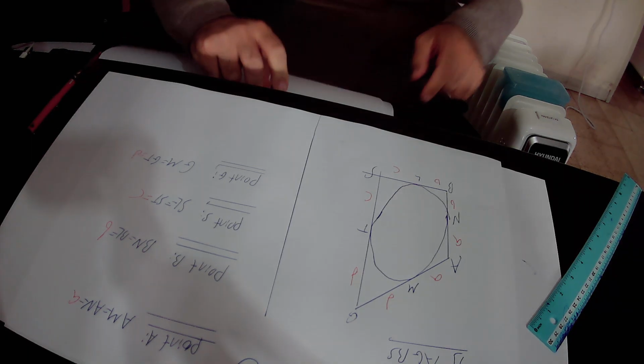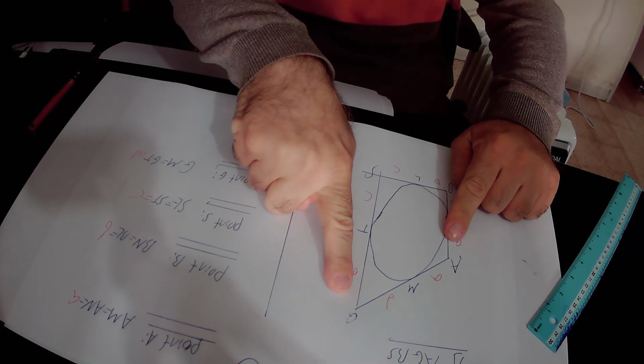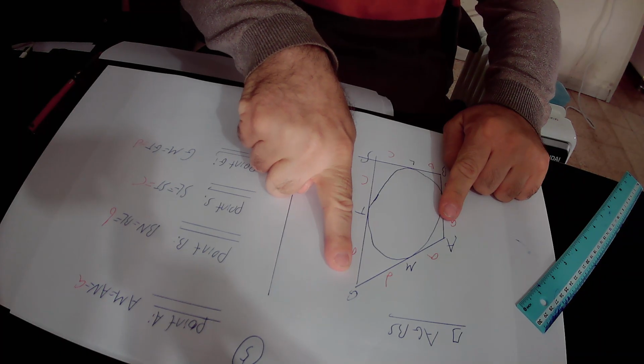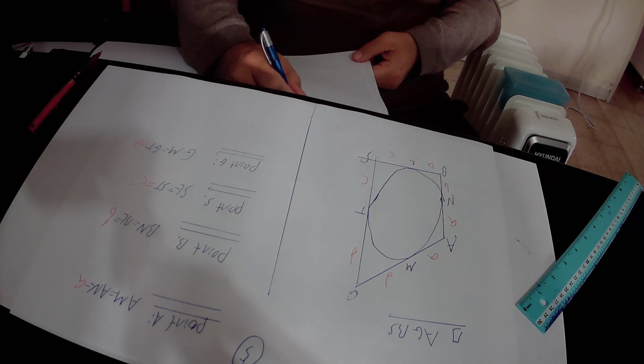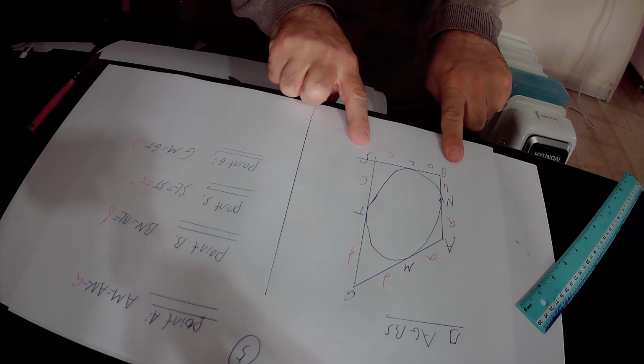What is the length of AG? From the drawing, it is very easy to see that AG equals a plus d. So substitute AG by a plus d in the equation. What is the length of BS? From the drawing, it is very easy to see that BS equals b plus c.